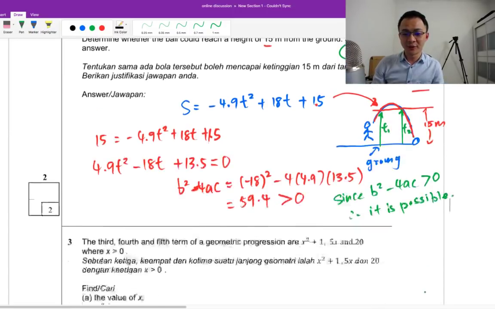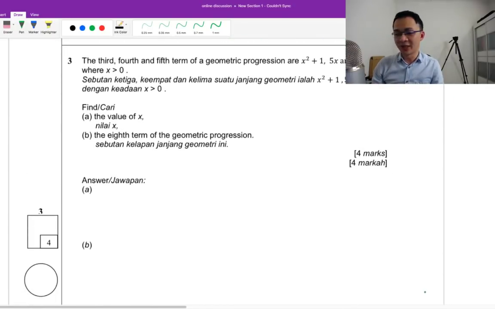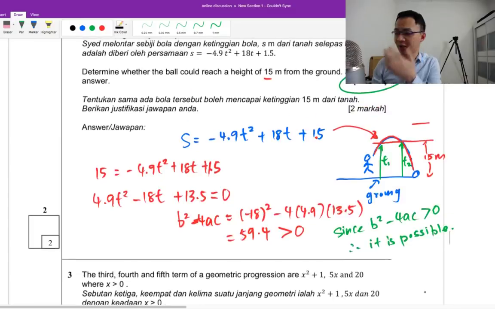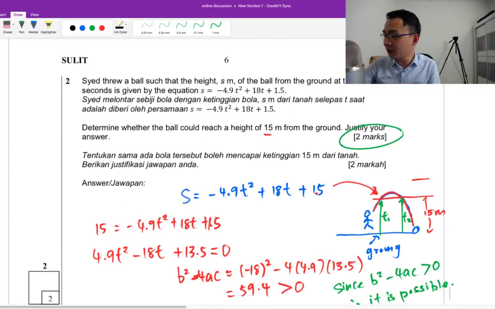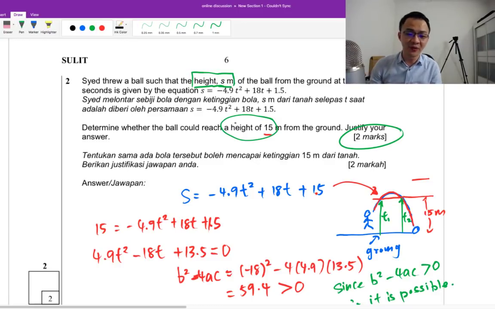Okay, let's move on to the next question over here. So why is s equal to 15? Because the question tells you s is the height, right? So if s is the height in meters, and the question says the height is 15 meters, definitely we substitute 15 into the s.